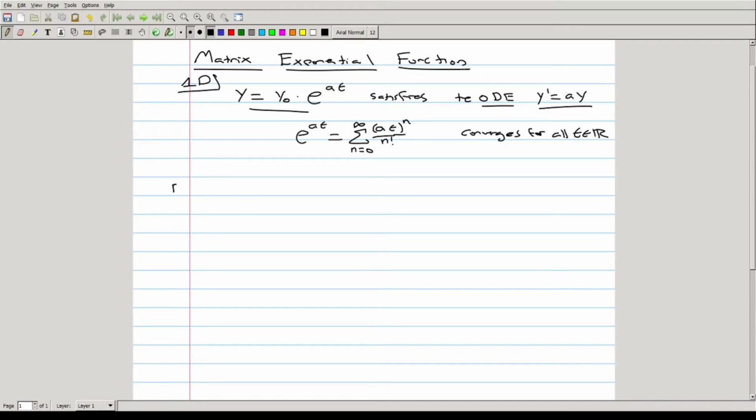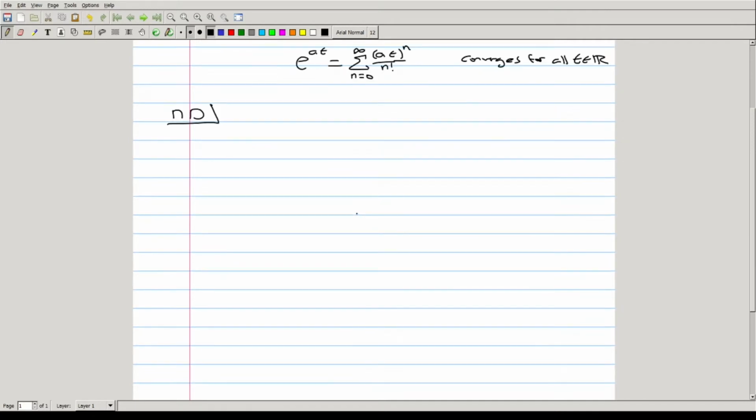But so let's consider the n-dimensional definition of the matrix exponential function. Let A be a constant n by n matrix.